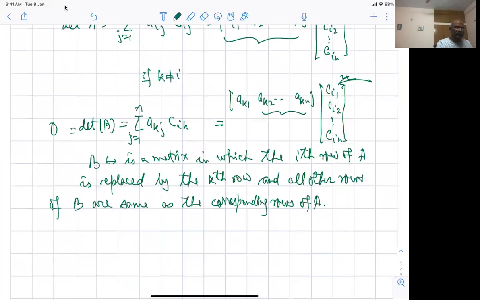The ith row has been put as the kth row, that's all. So the ith row of A is replaced by the kth row, and this turns out to be 0.